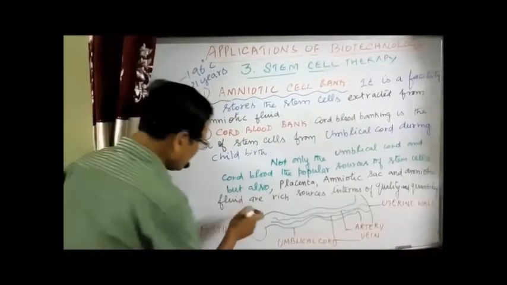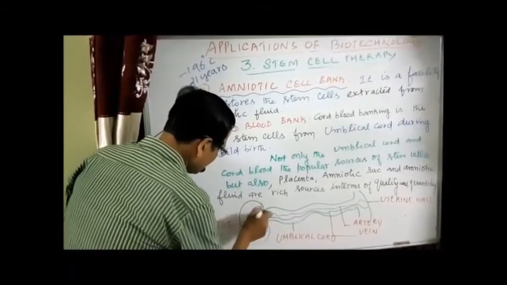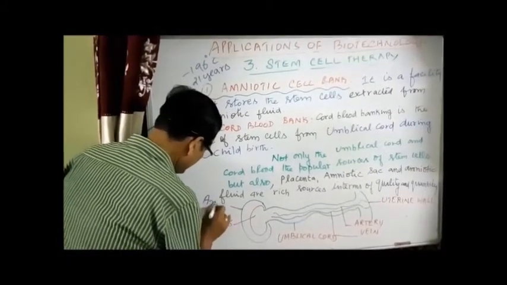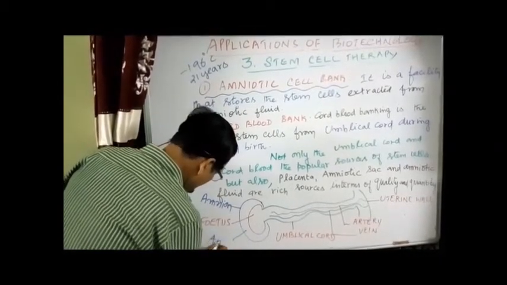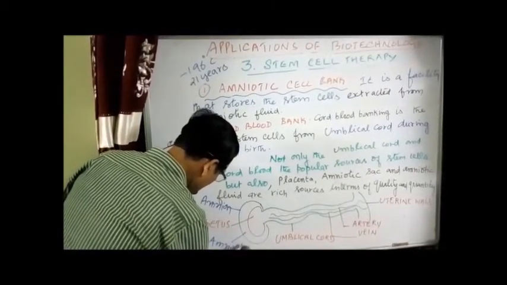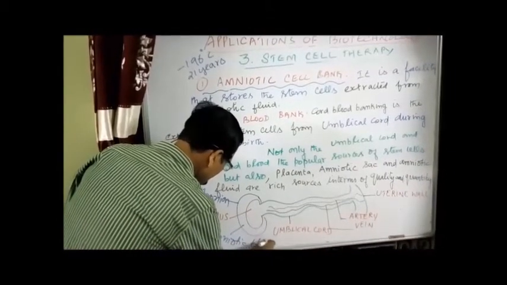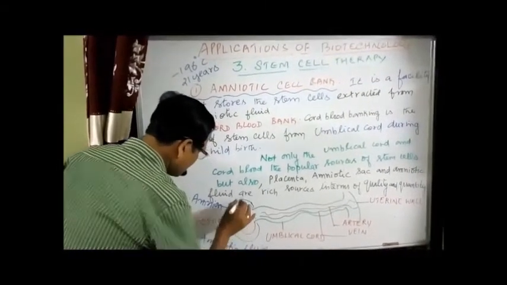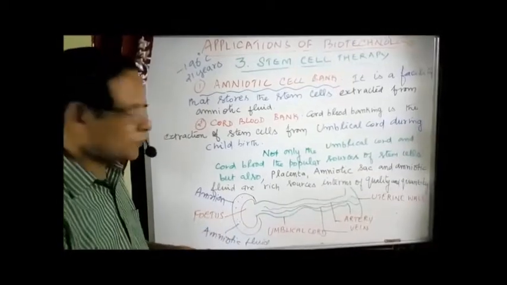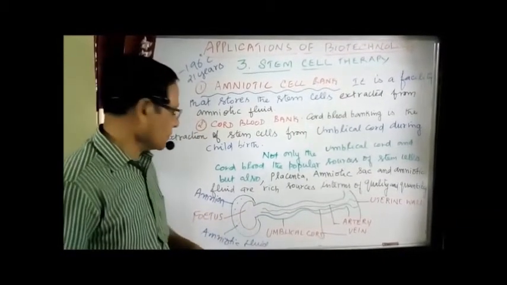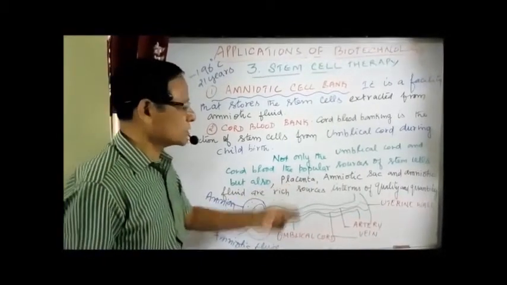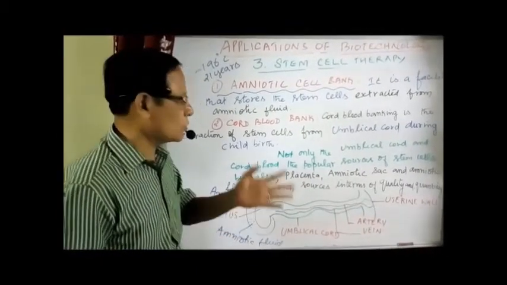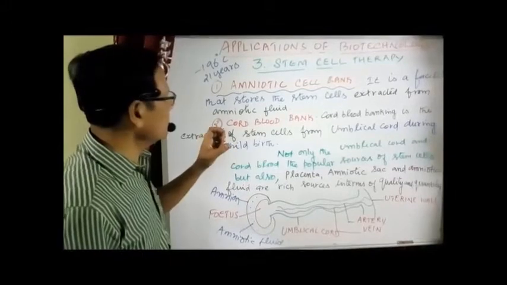You see that this embryo is surrounded by the amniotic sac, the amnion, which contains amniotic fluid. Here we collect cells and store them for the amniotic cell bank. The placenta, amniotic sac and amniotic fluid are rich sources in terms of both quantity and quality. So these are the two major cell banks.